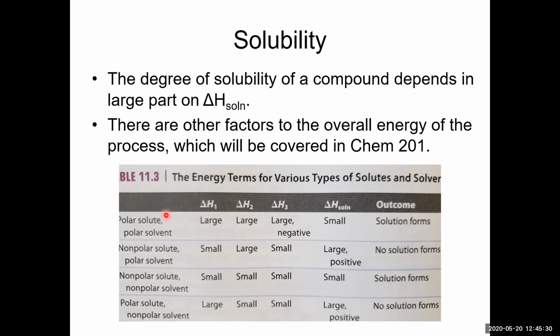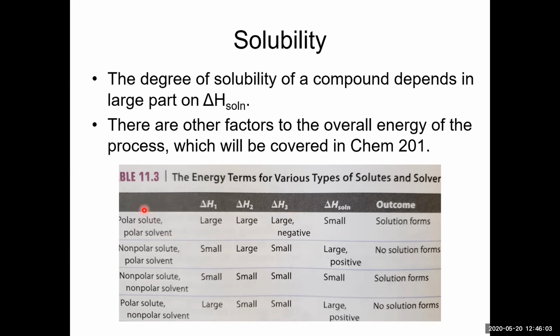So if you have a polar solute and a polar solvent, or we could have an ionic and a polar, delta H1, which is the energy it takes to break the solute molecules from each other, is large because they're held together by strong intermolecular forces. Delta H2, the energy it takes to break the solvent molecules from each other, is large because they have high intermolecular forces.